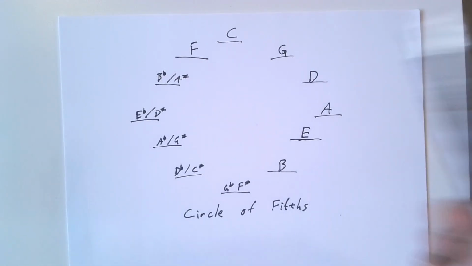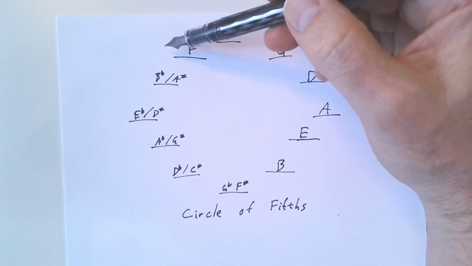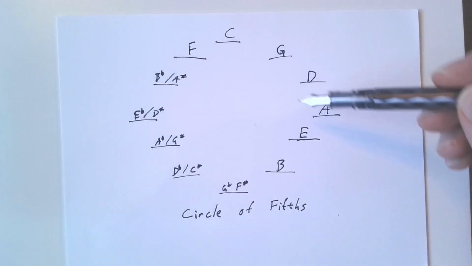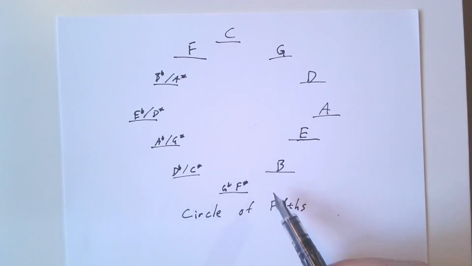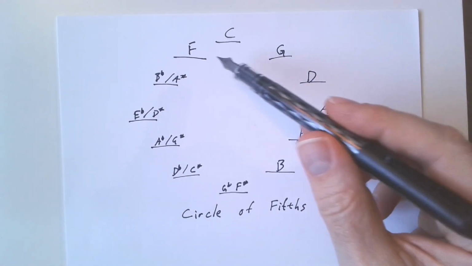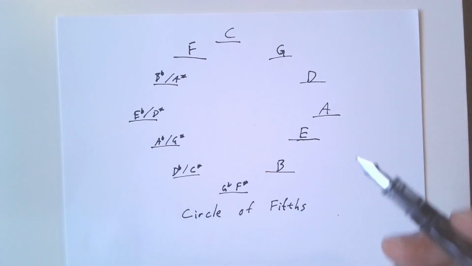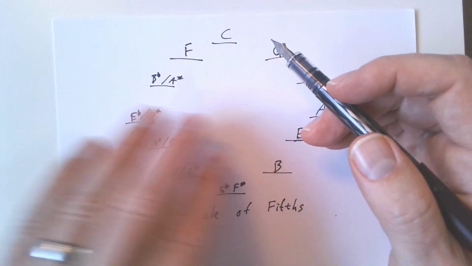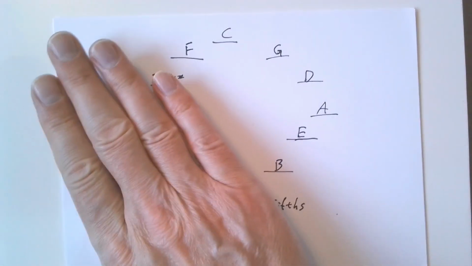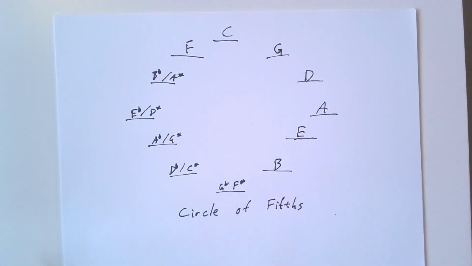The C scale starts here, but its range goes from F, C, G, D, A, E, B, down to here. Okay? It turns out every diatonic scale is consecutive on the circle of fifths. You can always put your hand over 5 of the notes, and the other 7 that are consecutive are going to be in that scale.